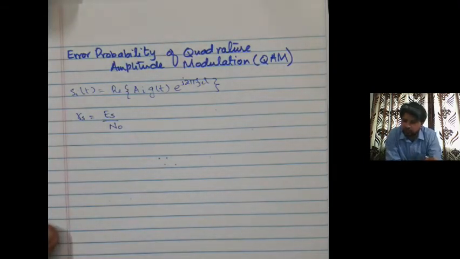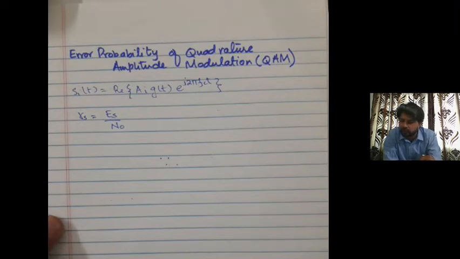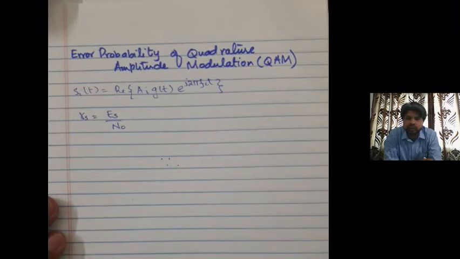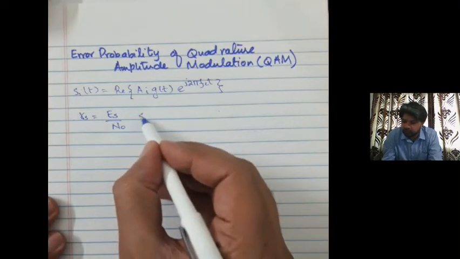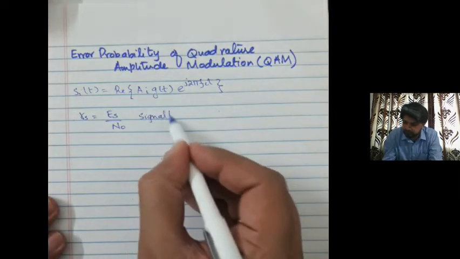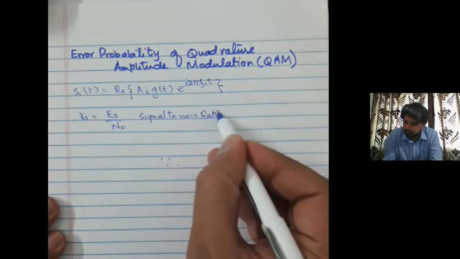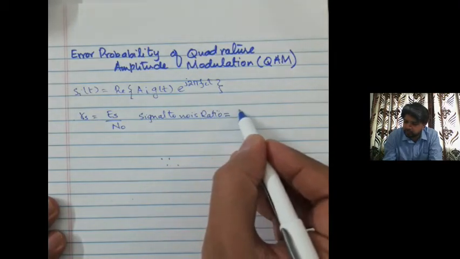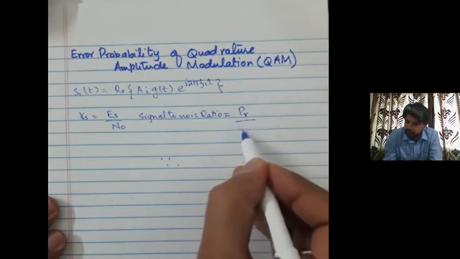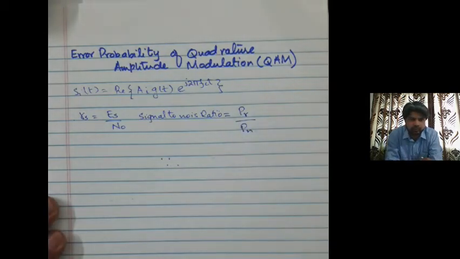Before going on to finding the error probability for the quadrature amplitude modulation, or QAM, we would first see what is the relation between E_s over N_0 and the signal to noise ratio. If you want to compute the signal to noise ratio, it would be equal to the received signal power divided by the noise power. That's how you would define a signal to noise ratio.